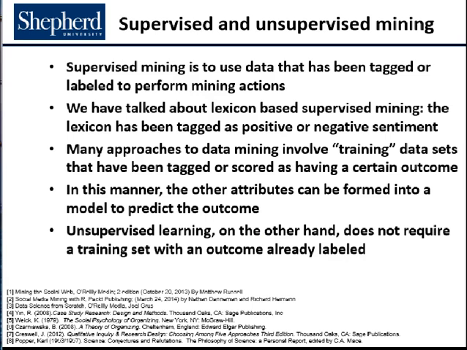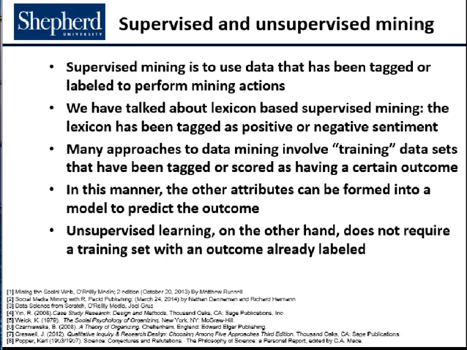There's supervised and unsupervised. In supervised mining, the data has been tagged, so we know what the outcomes are. So we look at a set of attributes and we know the outcome, and then from that we can determine a model that will predict the outcome for another set of variables coming in.